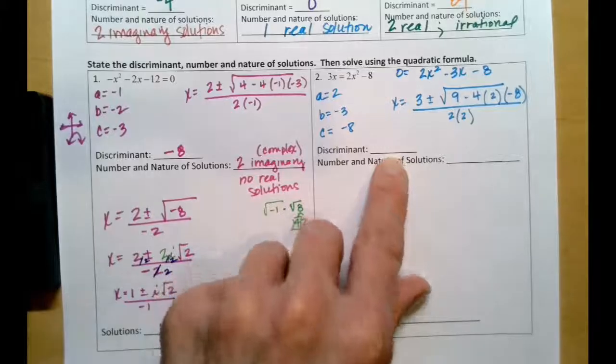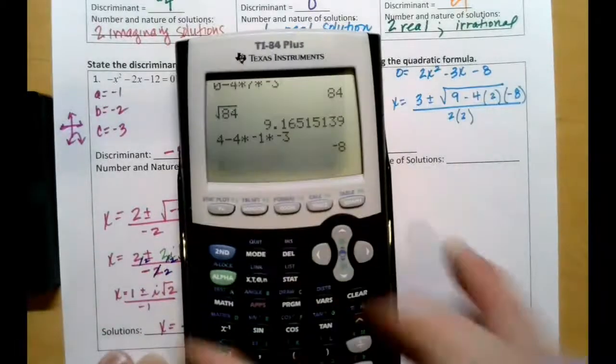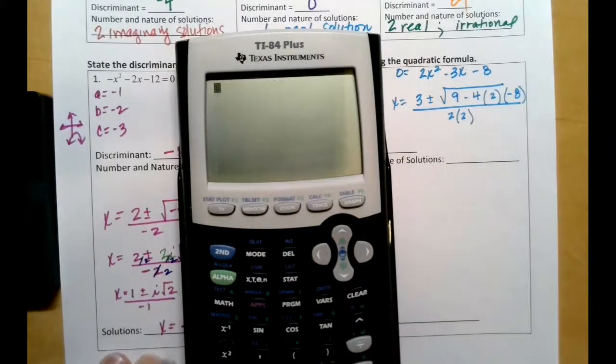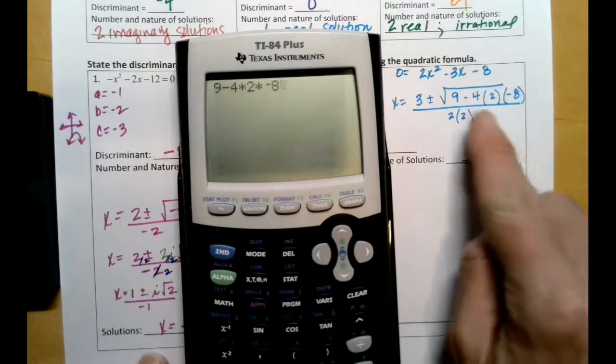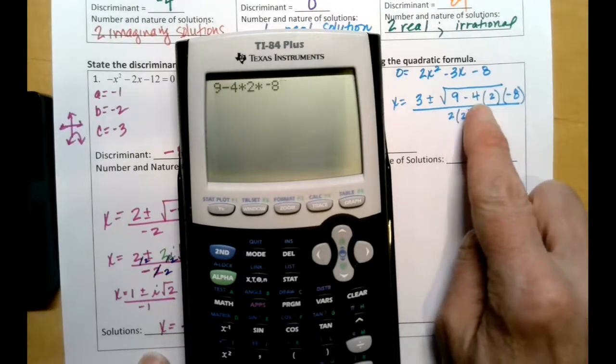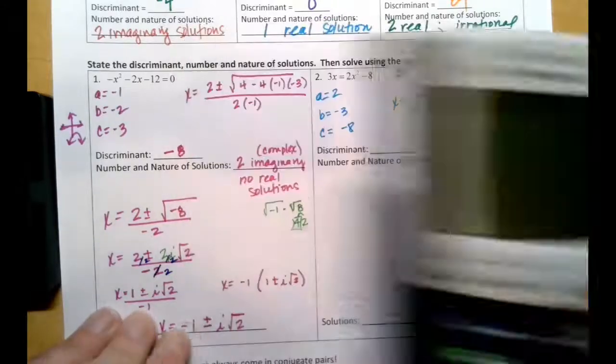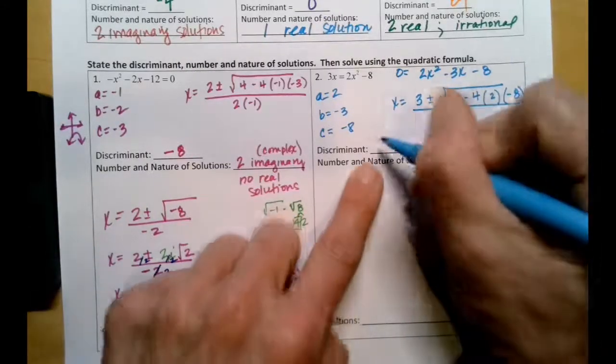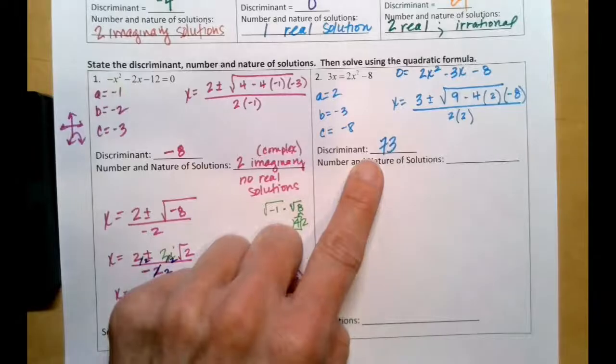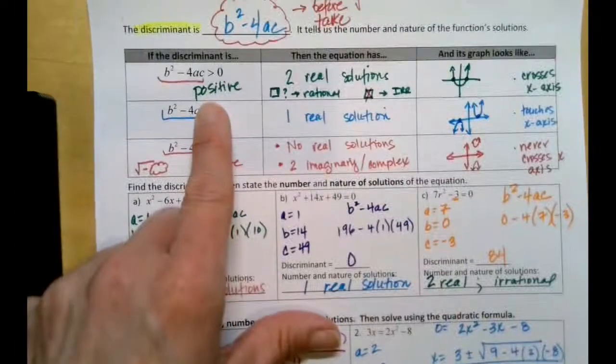Let's go figure out what this discriminant is. So there's my B squared minus 4AC. And what do I get? A positive 73. So a positive 73 means I have a positive number.